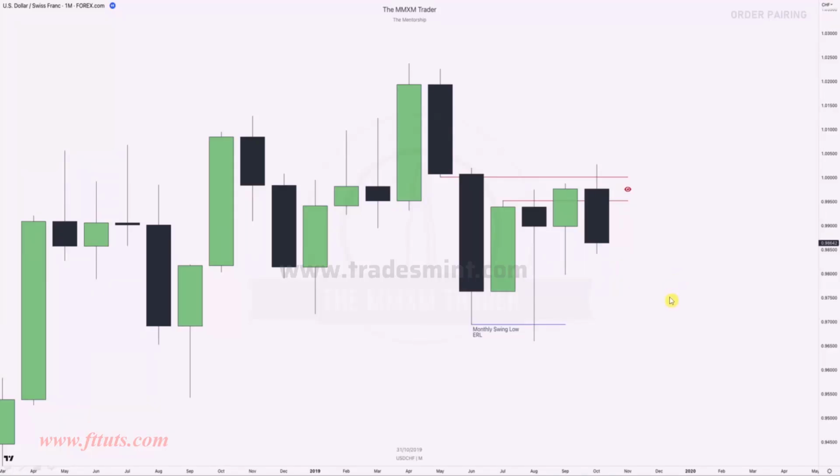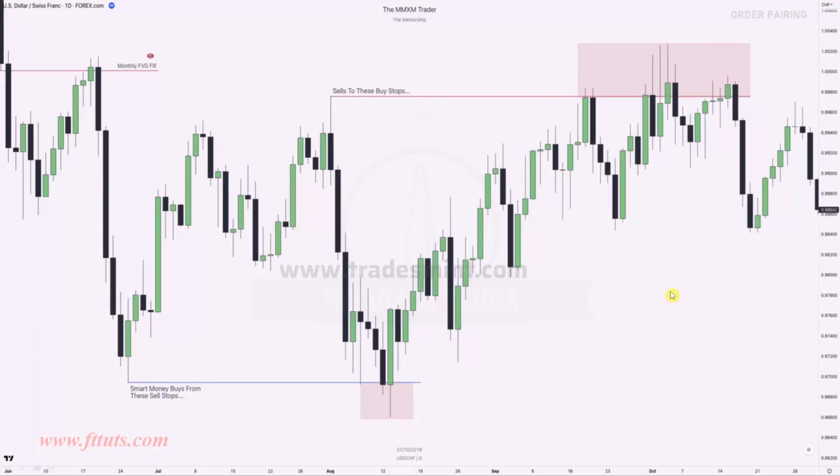Now how does that order pairing look on a daily chart? Right, so we start off with those sell stops over here, that old low on the monthly chart. On the daily, we have a clean swing low formed down here below this low, and then we're breaking up structure again over here, breaking here, and then continuing down into discount over here, and then continuing up.